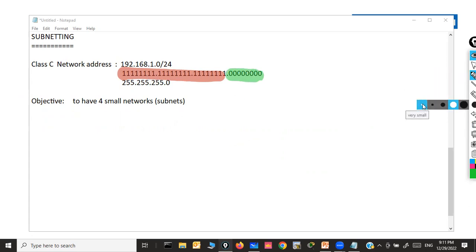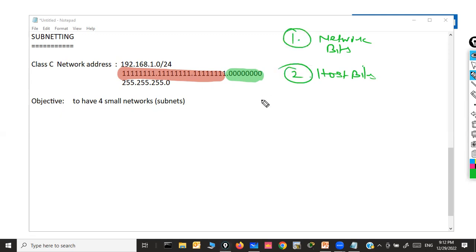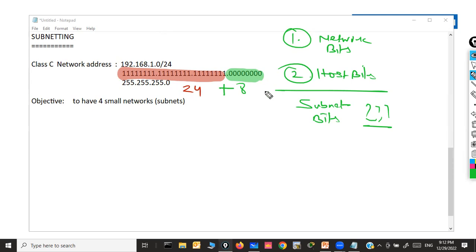And now I'm introducing a third term. Already we have network bits and host bits in the IP address, and now the third term is subnet bits. In the total 32-bit IP address, we already have 24 network bits and 8 host bits, and 24 plus 8 is 32 bits.